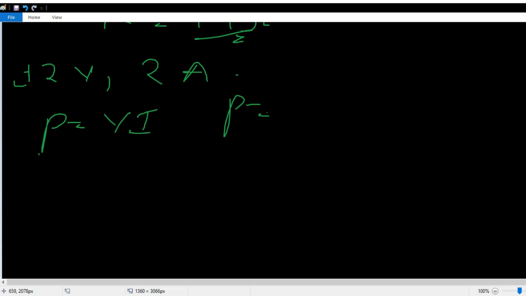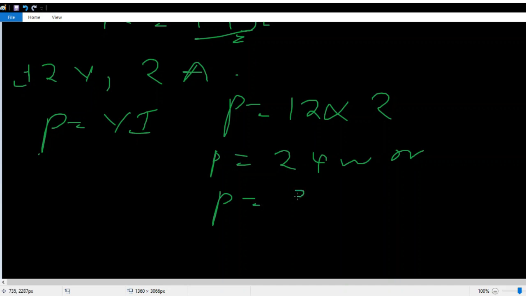So power is equal to 12 volts multiplied by 2 amps, that's 24 watts. You can say power is equal to 24 joules per second.